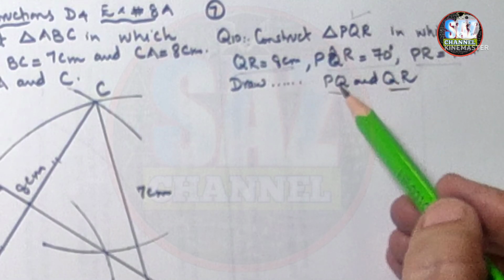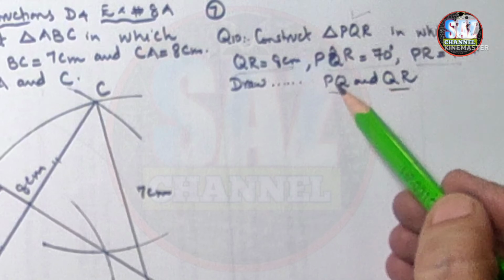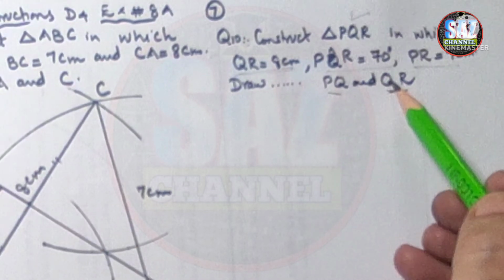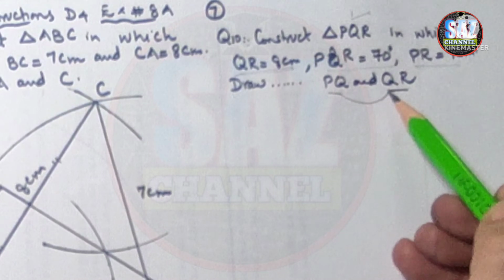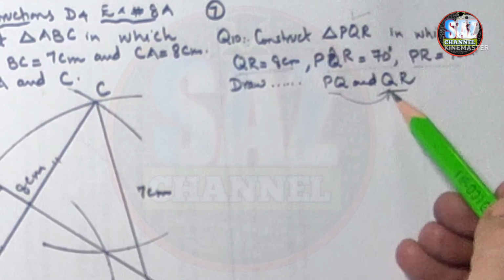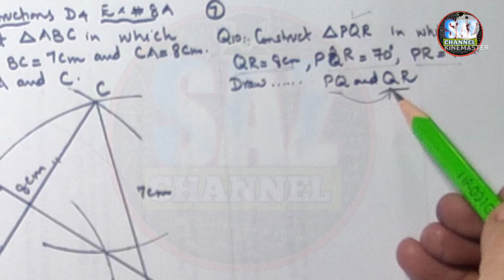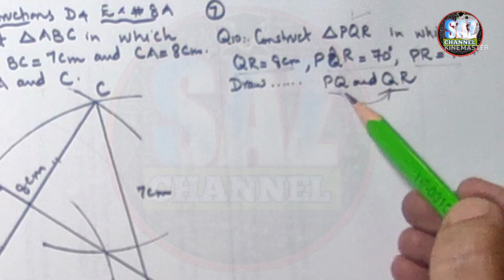This is the rule that you can keep in your mind: when we have 4 letters, 2 intersecting lines, we have to see which letter is common, and that tells us that we have to construct the angle bisector of the letter which is common over here.